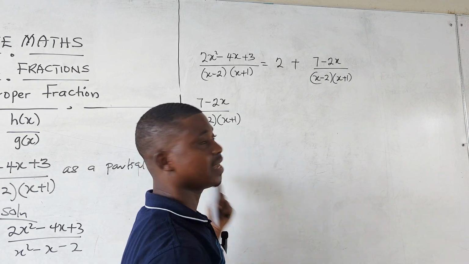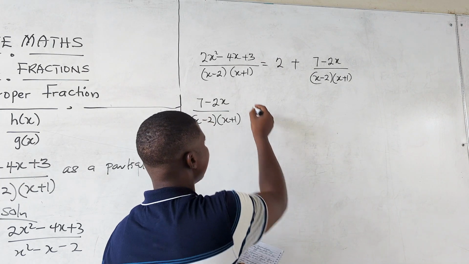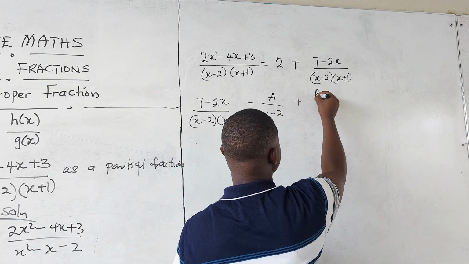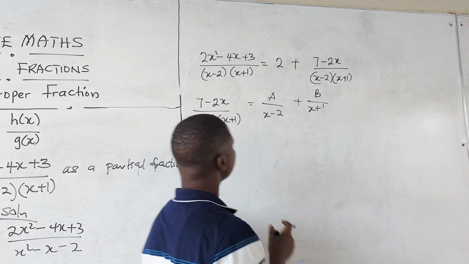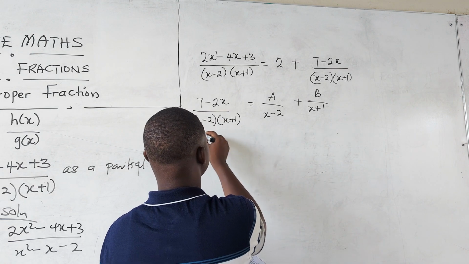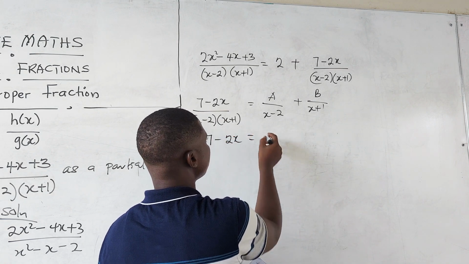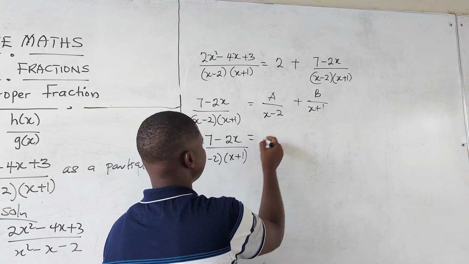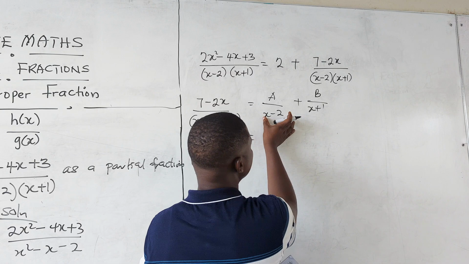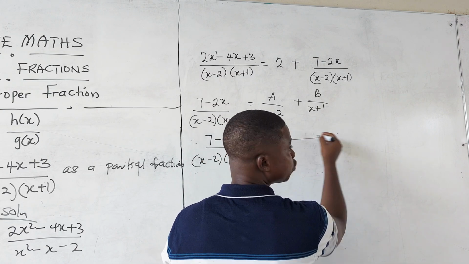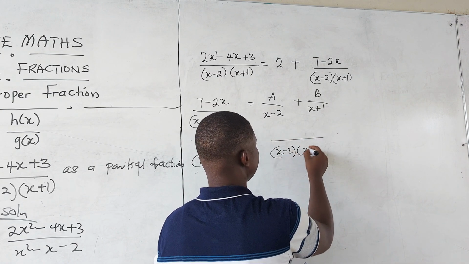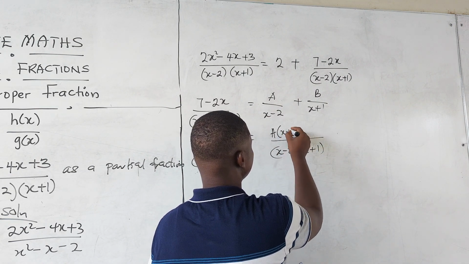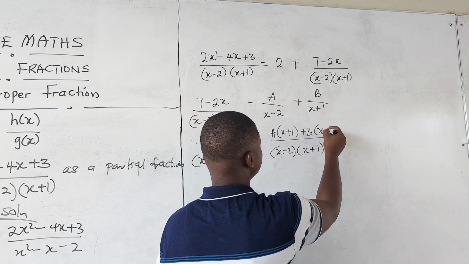This one, as I said earlier, is a type 1 question. So we have A over x minus 2 plus B over x plus 1. In this, we can have 7 minus 2x is equal to, with the LCM being x minus 2, x plus 1, A times x plus 1 plus B times x minus 2.